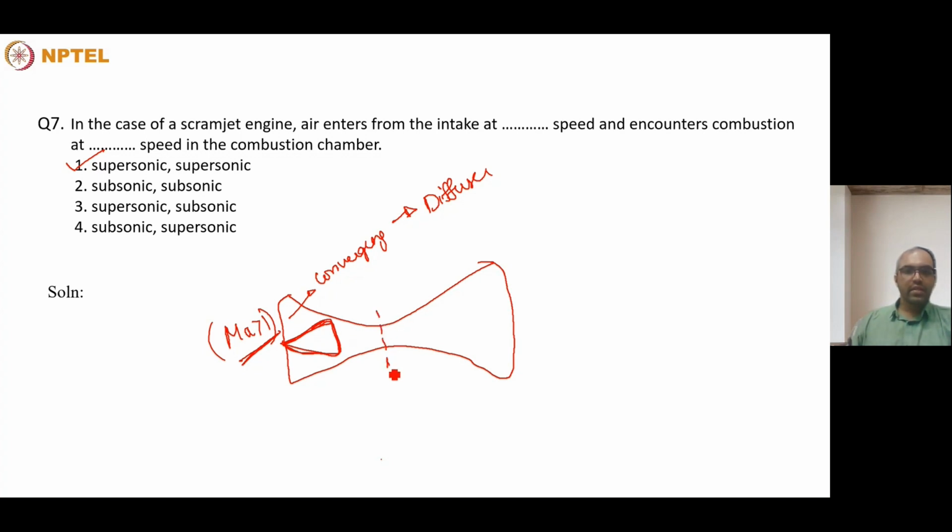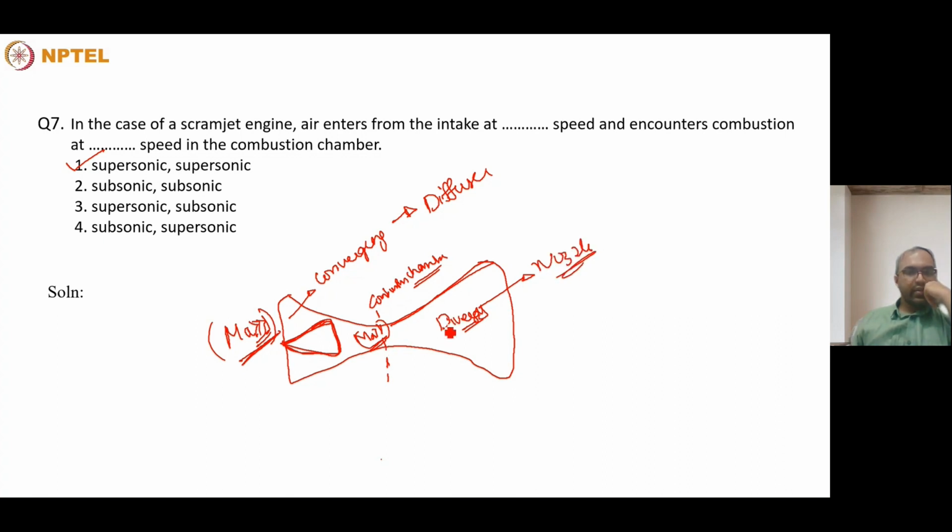Then at a higher pressure, at the throat section, the Mach number will still be greater than 1. Here at the inlet, the Mach number will be very much greater than 1. Since the Mach number is greater than 1 at the combustion chamber also, the pressure generated after combustion ensures that the Mach number will be greater than 1, and this diverging section will be acting as a nozzle.